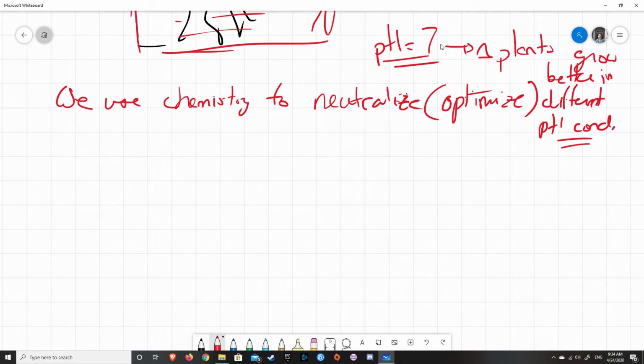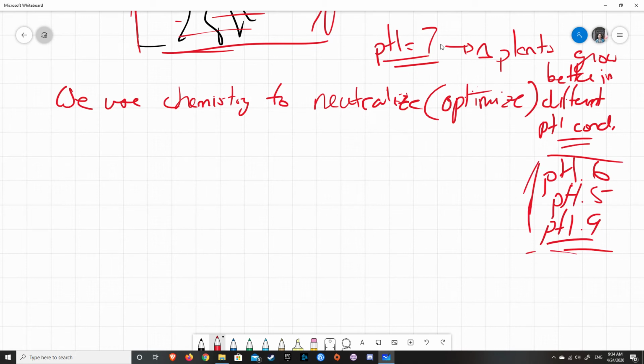Some plants grow optimally in a pH of 6, maybe some in a pH of 5, maybe some in a pH of 9.